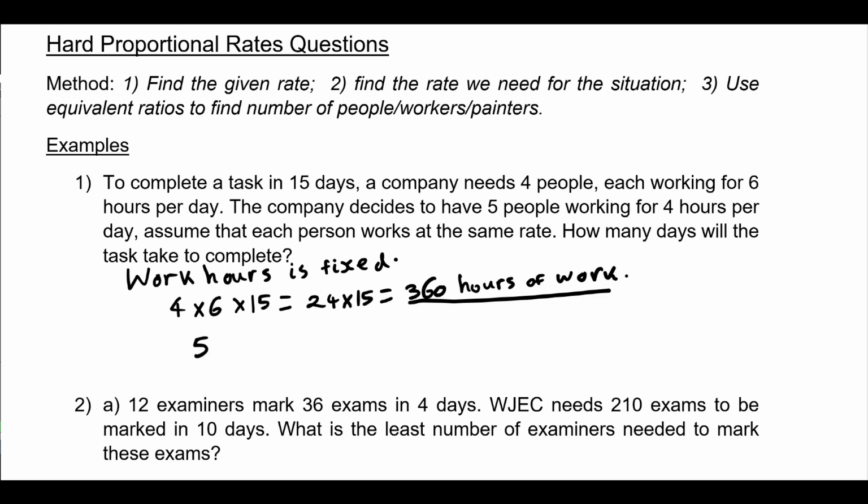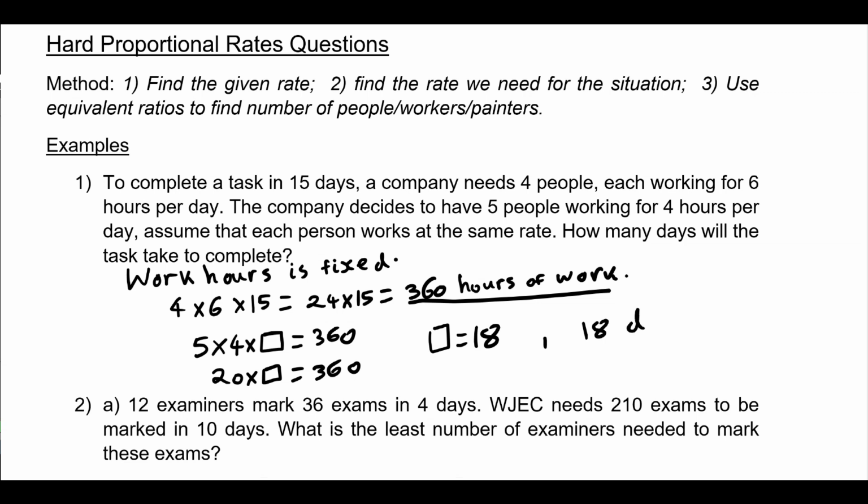We can say we have 5 people doing 4 hours a day of work, and we need to see how many days we would need to multiply by to work out 360. 5 times 4 is 20, so I need to work out what I need to multiply by 20 to get 360, and that answer is 18. So the task will take 18 days if you have 5 people working 4 hours per day.